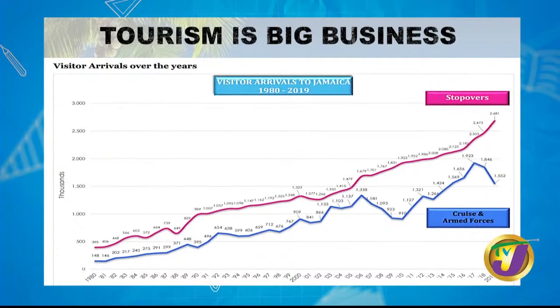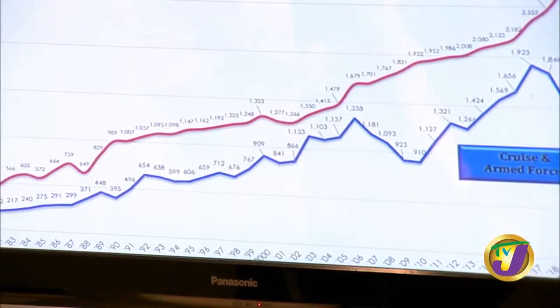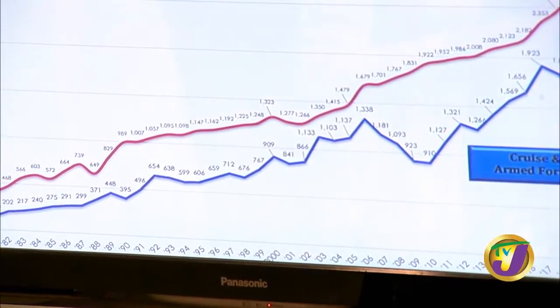But let us look at the latter end of our line graph into the 2000s. Between 2000 to 2019, the increase has been steady over the years. And had it not been for the pandemic, I'm sure we'll be going on fine in terms of our numbers increasing.